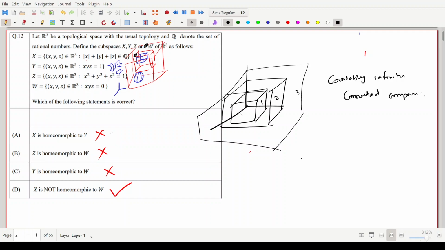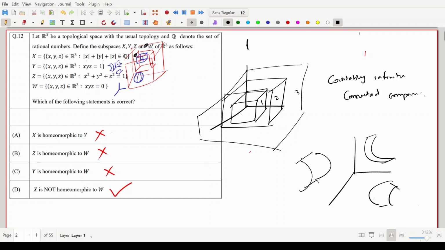Whereas in the case of Y, it has only as many octants as there are, these three types, correct? So it is finite. Here it is connected. So for a homeomorphic invariant, if there is a function from X to Y which is a homeomorphism, then the number of connected components also should be the same.